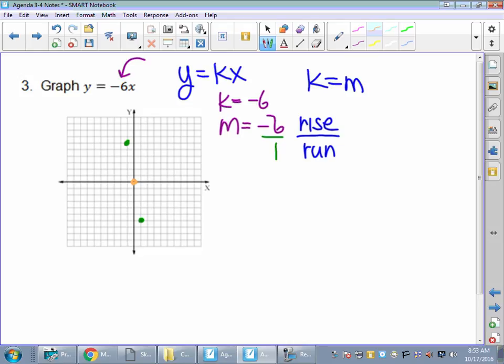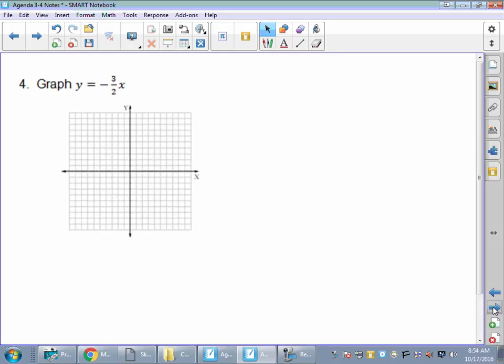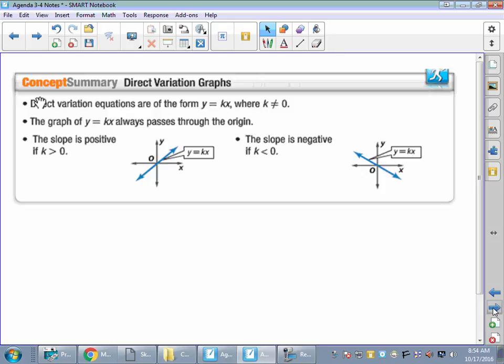Three points make it easier to get your graph on that line. And then I'm going to connect those 3 dots. Notice my slope is very steep, and it's negative. So everything that I need is there. It makes sense. It goes through the origin. Negative 6 or negative 6 over 1 is the slope. And there's my graph.